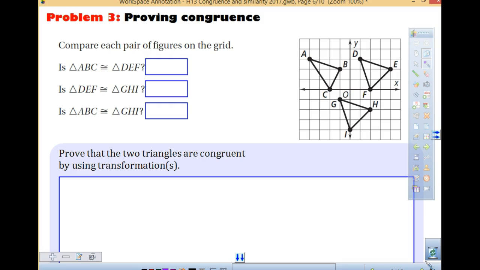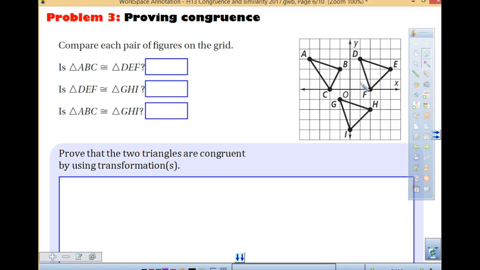It looks like this, and it says, compare these triangles. Which ones are congruent? Is ABC congruent to DEF? Are they the same? No. So I might look at the sides, and from C to B, it's over 1 and up 2. This is 2, 2. This is a 1, 3.